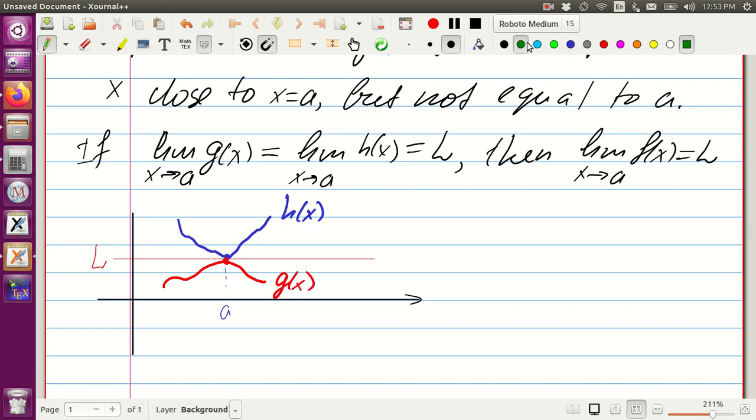And our function f goes somewhere in the middle, this is our f function. So you can see that h is bigger than f, and f is bigger than g, and g and h have the limit L at a, then function f also has the same limit in the middle.